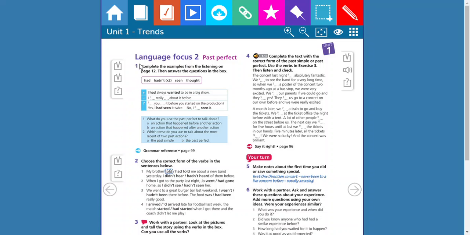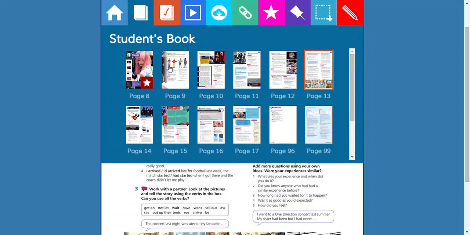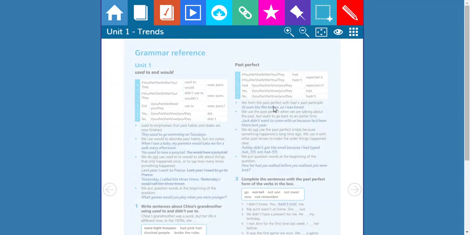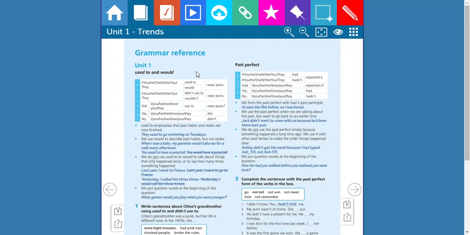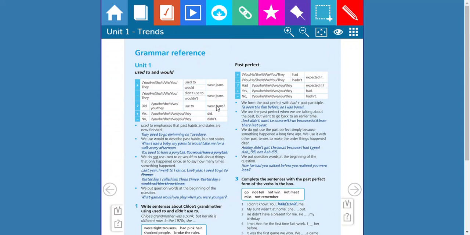So here is your book. You can complete the activities as I did before. There's no problem. If you need the grammar reference, you can go to page 99. Grammar reference.